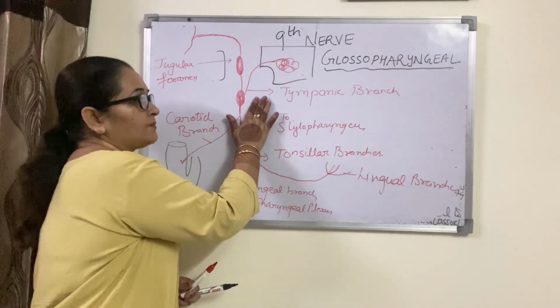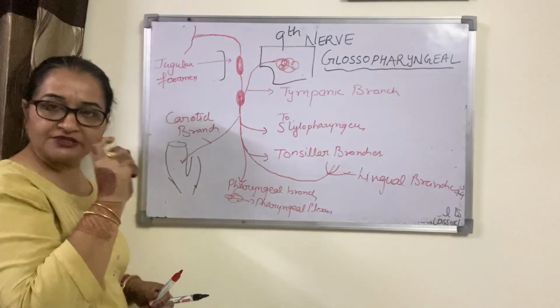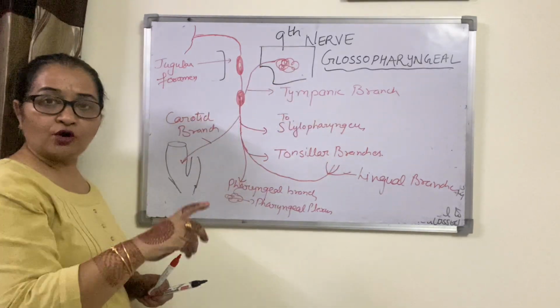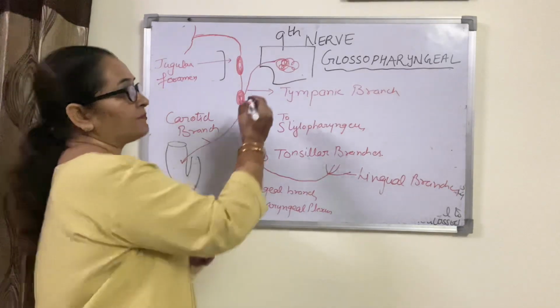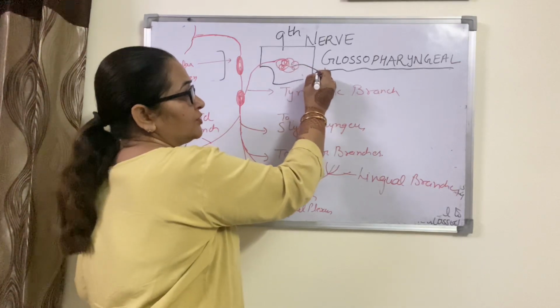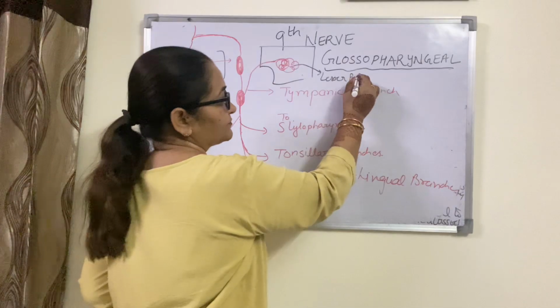Now this tympanic branch passes through the tympanic canaliculus and enters the petrous part of the temporal bone, where on the promontory it forms a plexus known as the tympanic plexus, and from the other end of this plexus a nerve leaves through the canal, that is the lesser petrosal nerve.